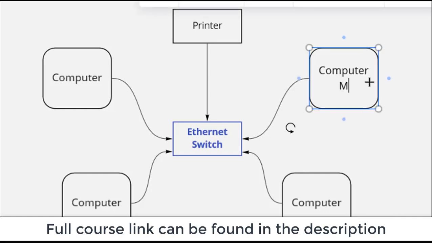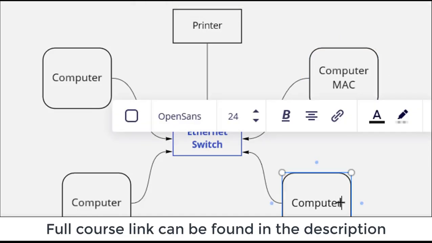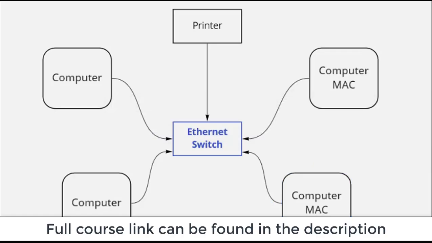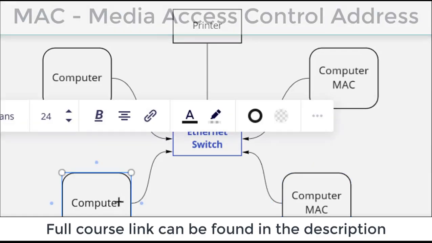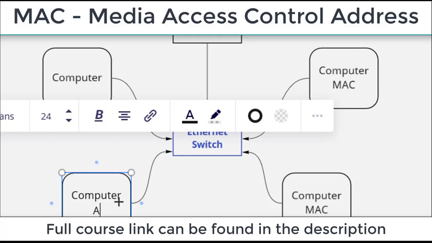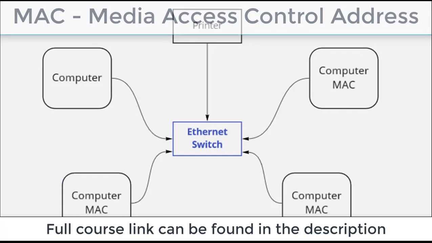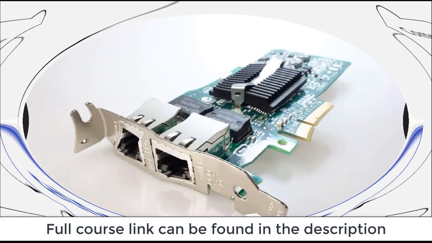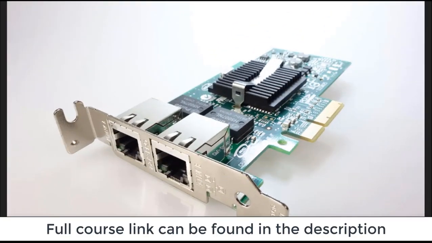And every one of these computers has a network interface card, and every one of those network interface cards has a unique MAC address, a media access control address. So when these hardware manufacturers build this hardware, and they do things like create network interface cards, well, for each of these interfaces that you see here, they actually hard code an address in.